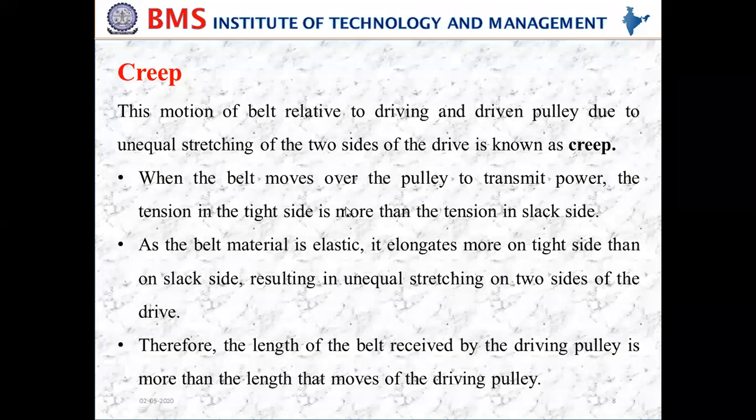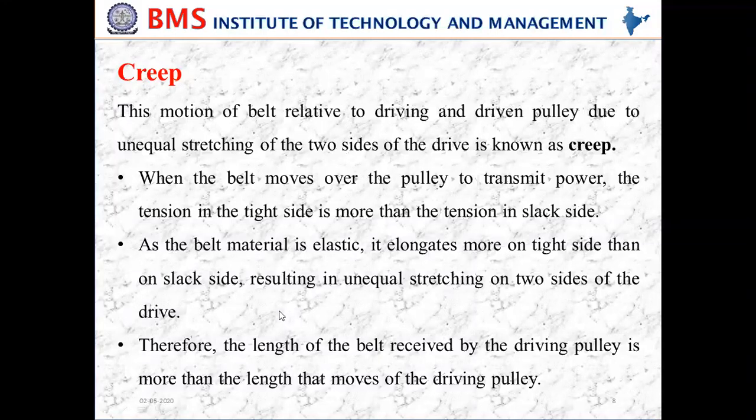When the belt moves over the pulley to transmit the power, the tension in the tight side is more than the tension in the slack side, which you have seen in the animated video. As the belt material has elastic property, it elongates more on the tight side than on the slack side, resulting in unequal stretching on the two sides of the drive.